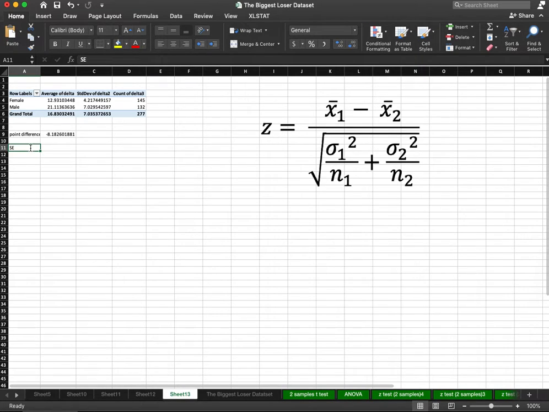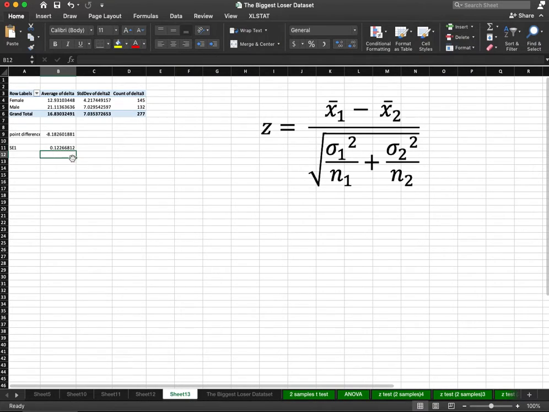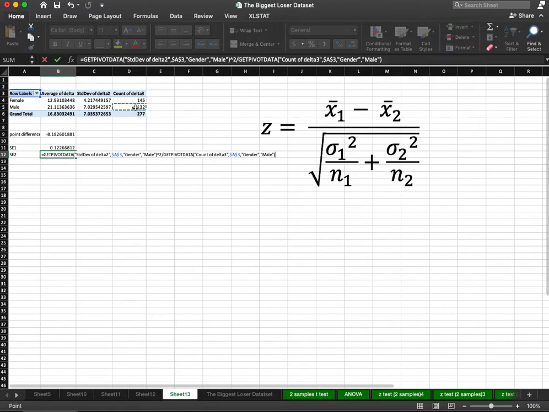Let's do standard error 1 is equal to the standard deviation, caret 2 to square that, and then all divided by the count, and the same thing, standard error 2 is equal to this squared divided by n.